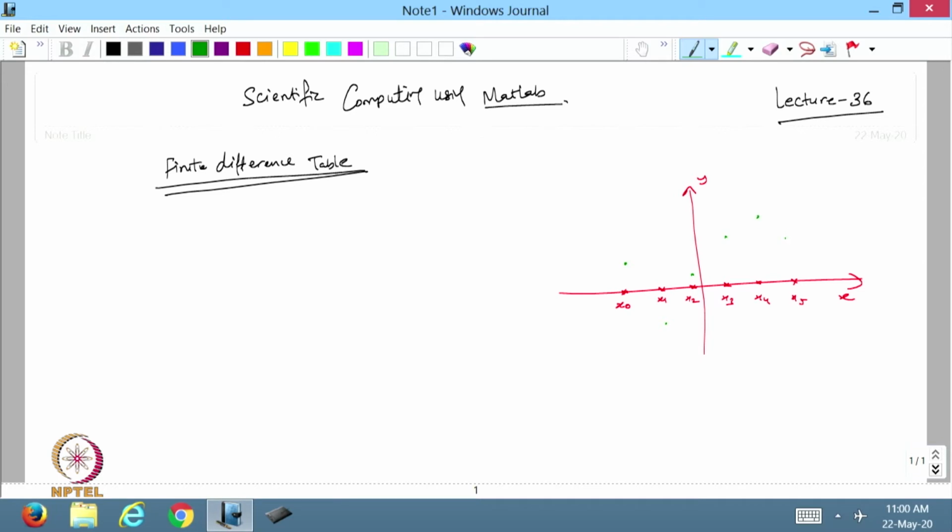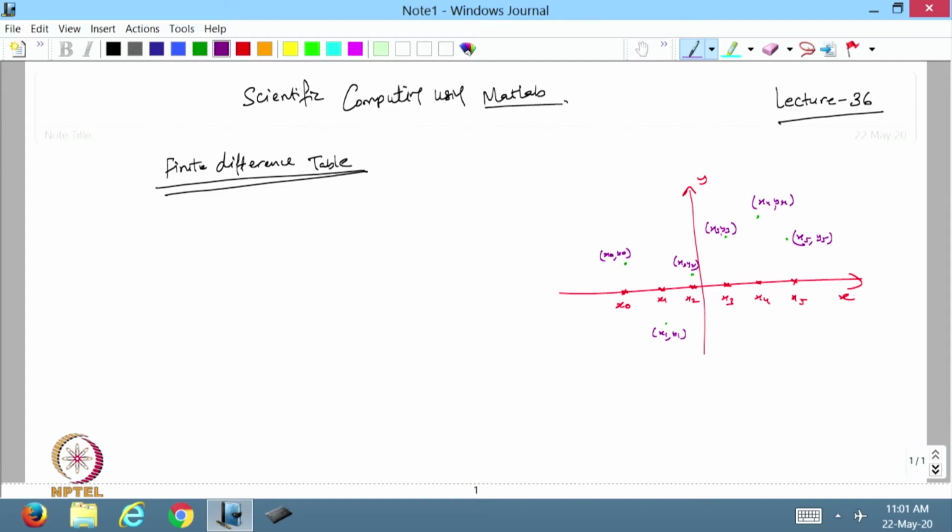So, this point is x0, y0, then this is x1, y1, x2, y2, then x3, y3, x4, y4, x5, y5.